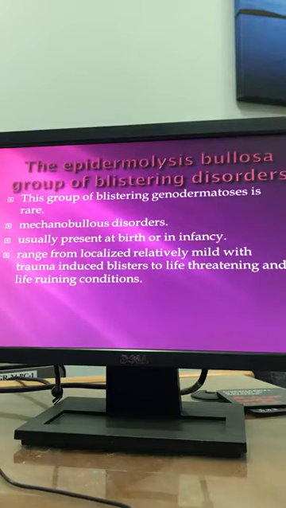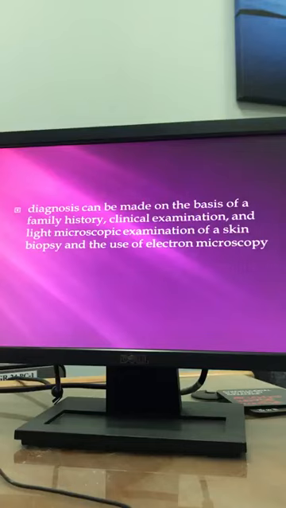So let's talk about epidermolysis bullosa. Epidermolysis bullosa is a group of genodermatosis called mechanobullous diseases, usually present at birth or in infancy, ranging from localized, relatively mild, with trauma-induced blisters to life-threatening and life-ruining conditions.